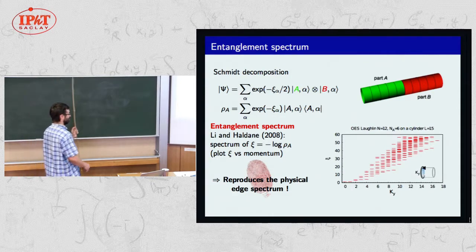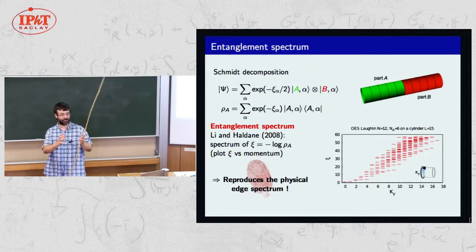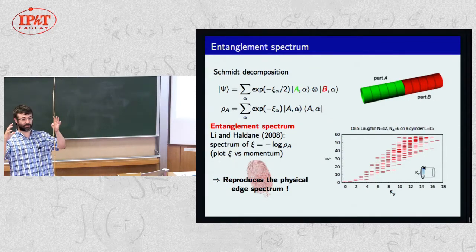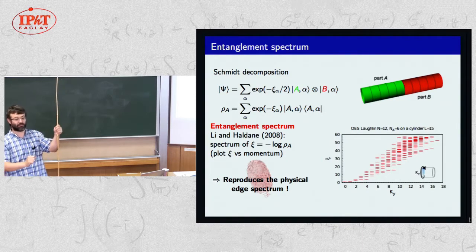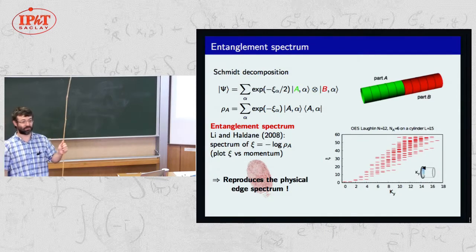Well, there's some conjecture that the rank is actually exactly how many states you can write in finite size with the sizes you've chosen. So you start with N particles, it takes some size. But then you look at part A, it has much fewer particles. Say there are 6 particles in part A, then you took a big system. How many states can I write down with 6 particles in there? Typically, that will be your Schmidt rank.